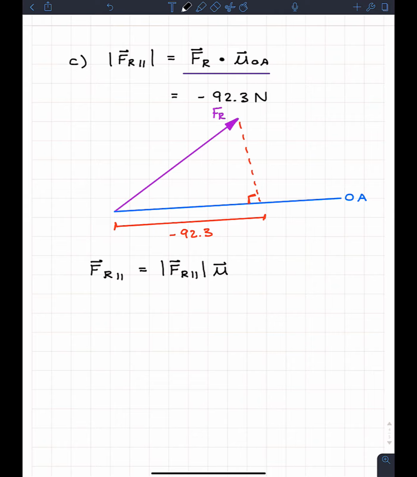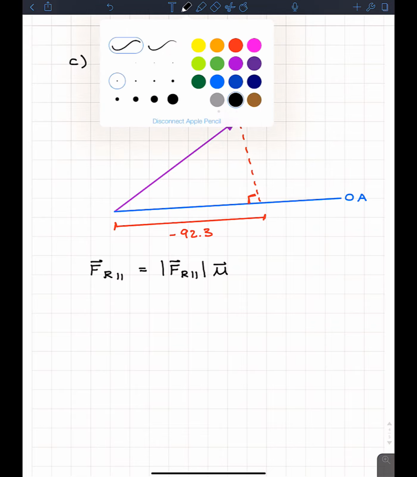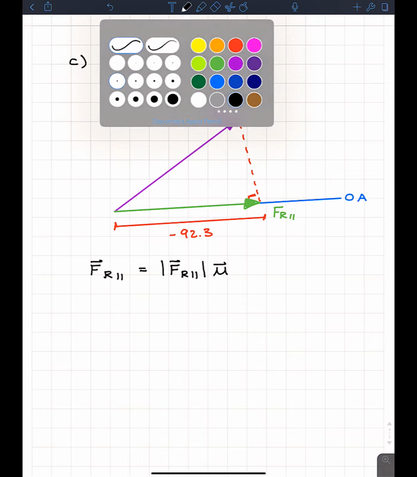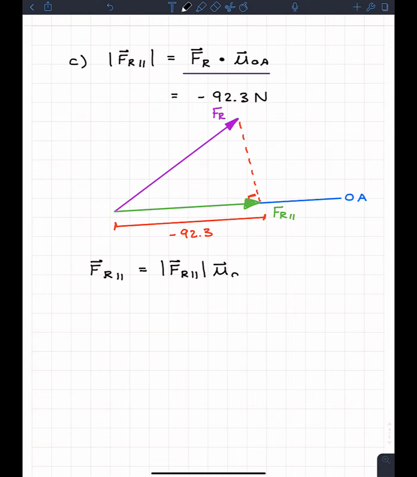Okay, well, what unit vector do we use? Well, we got to think about this. FR parallel is going to be in the exact same direction as OA. So this right here is going to be the FR parallel. So therefore, if it's going on the line OA, the unit vector has to be OA.